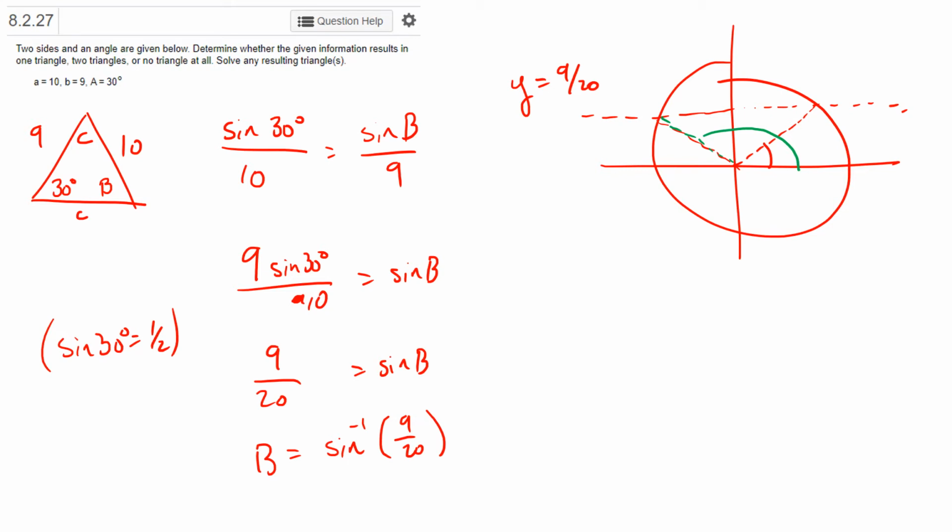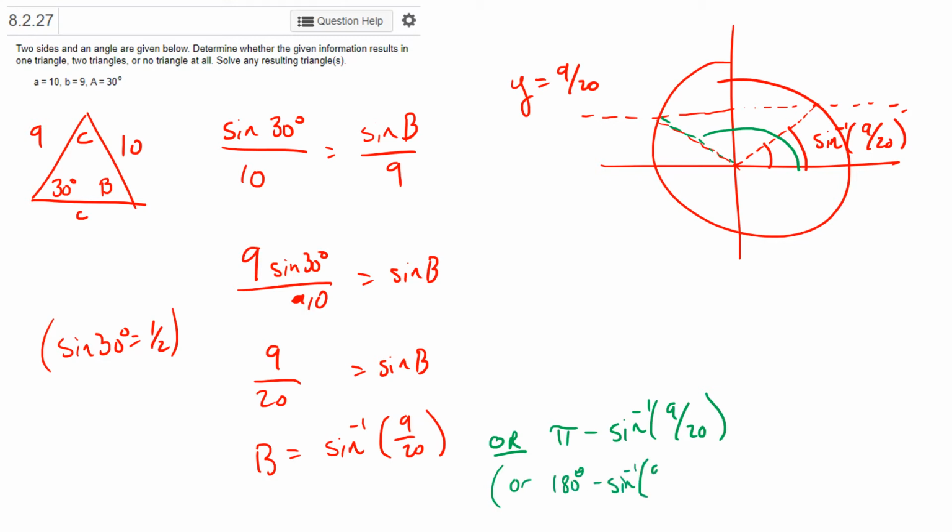So this angle right here is arcsine of 9/20. Based on some symmetry arguments, the green angle is pi minus the arcsine of 9/20 in radians, or 180 degrees minus the arcsine of 9/20 if you're in degrees mode.